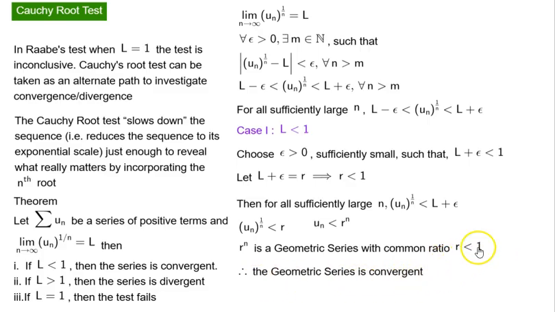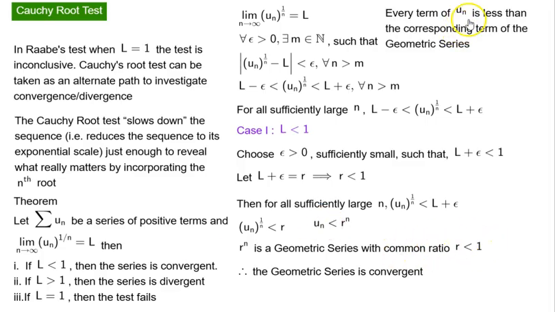Therefore, the geometric series is convergent. And since every term of u sub n is less than the corresponding term of the geometric series, that means the series u sub n is also convergent. That was our first case, when L is less than 1.